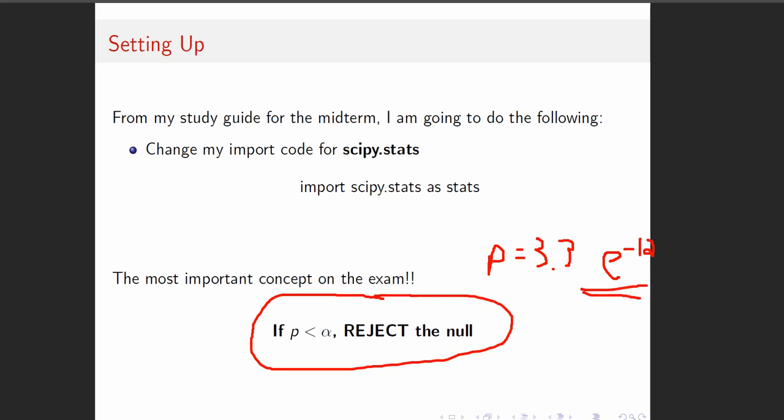That's the computer's way of saying times 10 to the negative 12th. And even though the 3.3 part is greater than 0.05, because of the scientific notation and the negative exponent at the end, it is less than any sensible alpha that we would use. So ignore the fact that it has a larger than alpha start and check the end.